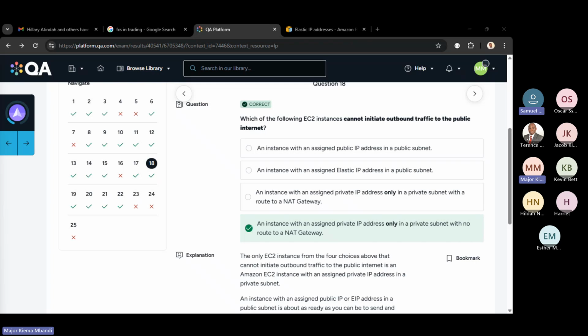When you configure it, you have to configure it in a public subnet. The good thing about the NAT gateway is that it's one-way traffic. It accesses the internet, but does not allow anything to come in from the public network. That makes the private stay private.